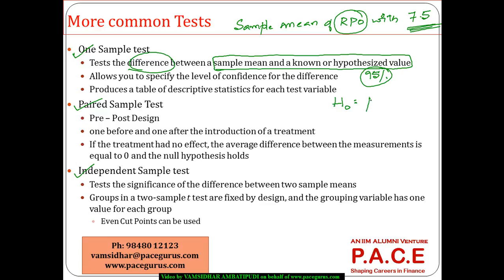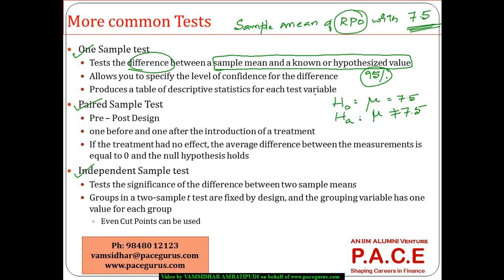So here my null hypothesis is that the mean is equal to 7.5, whereas my alternate hypothesis will not contain equality, so I'll say the mean is not equal to 7.5.